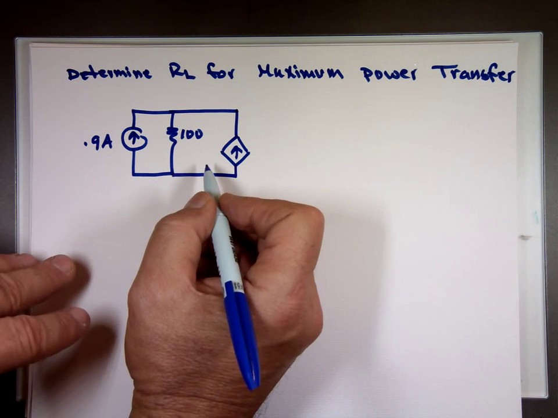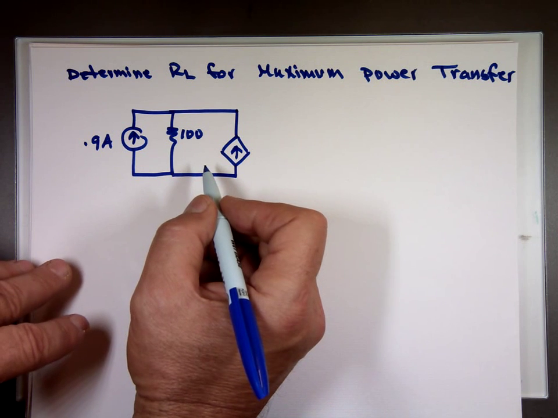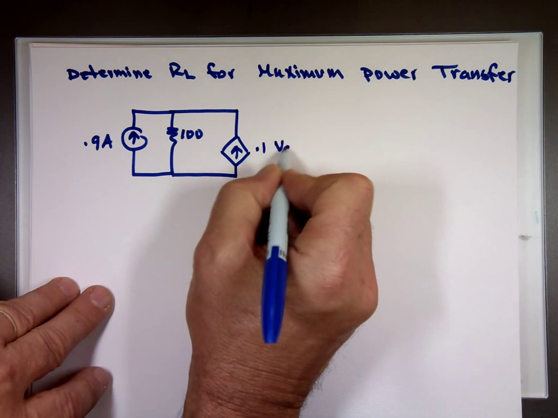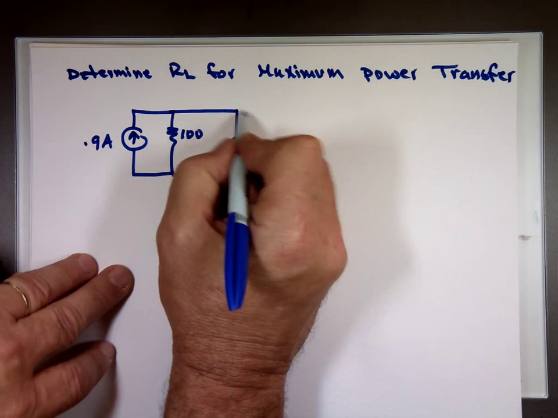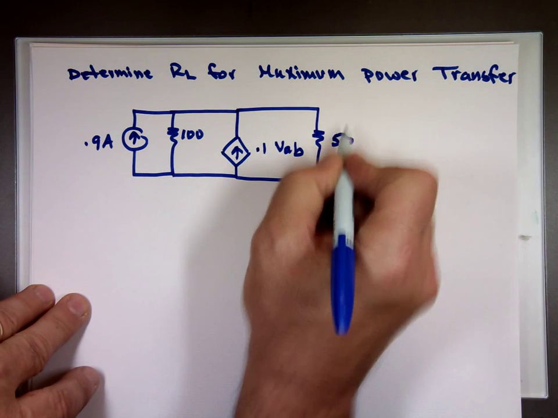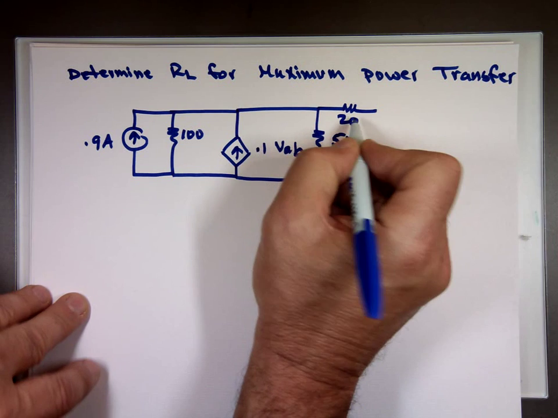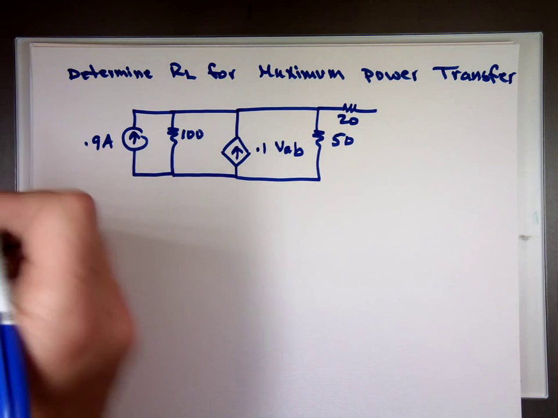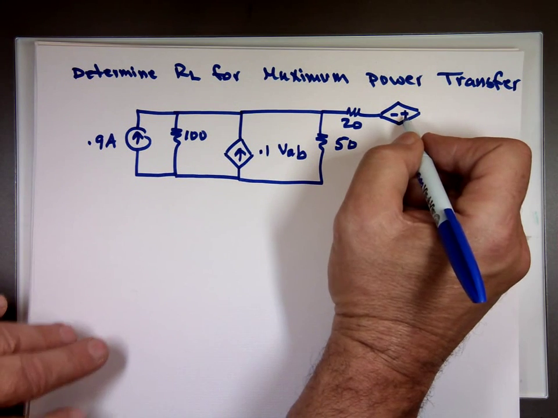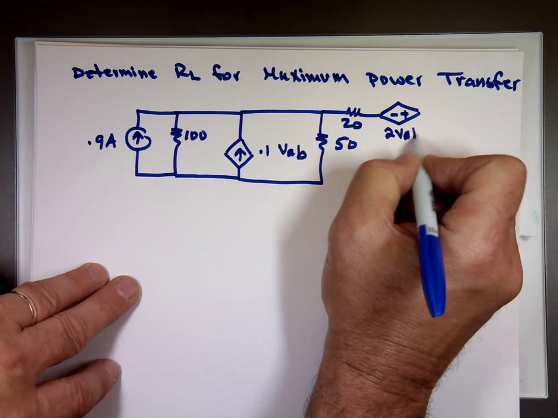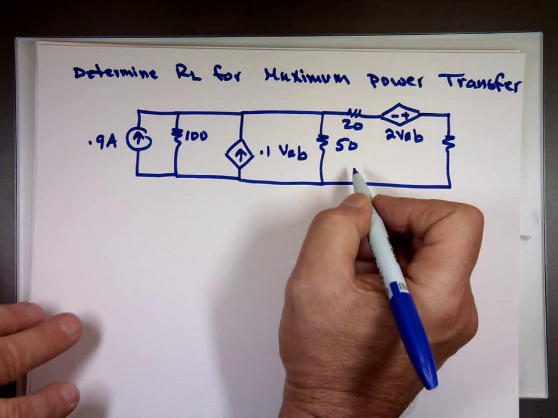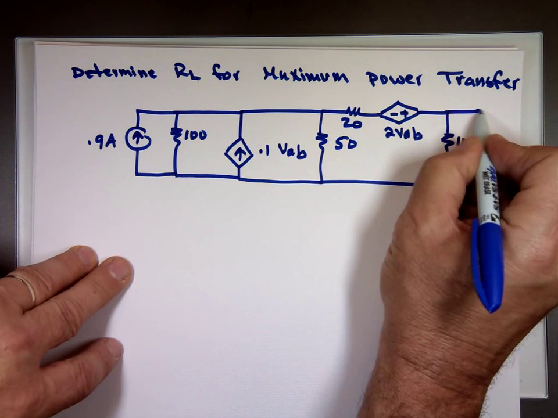And this is 0.1 V_AB. $50, $20, minus the plus, 2 V_AB, $10, and this were V_AB.